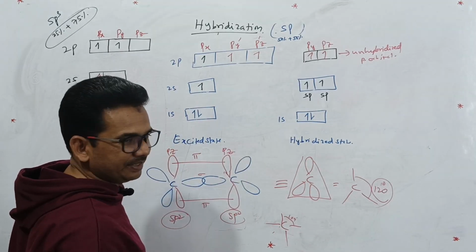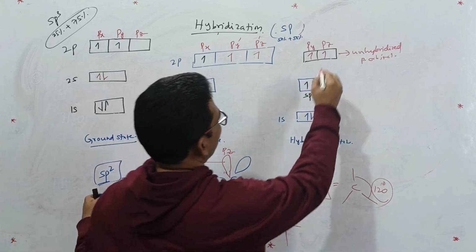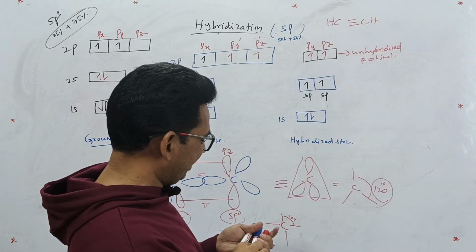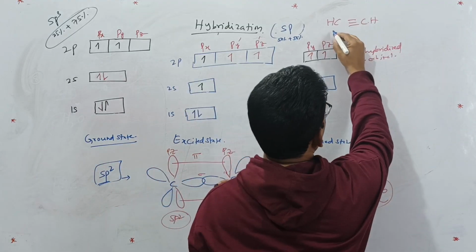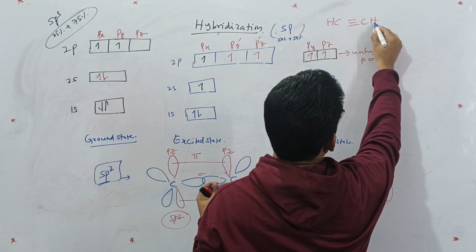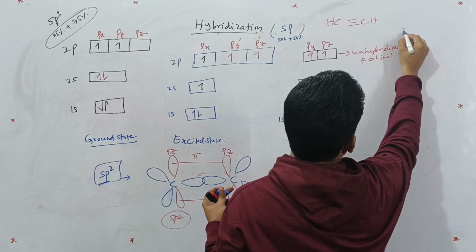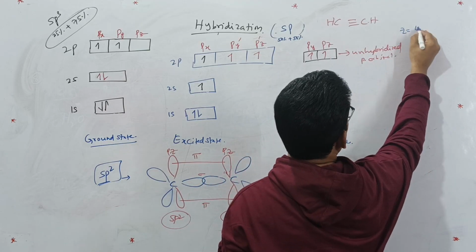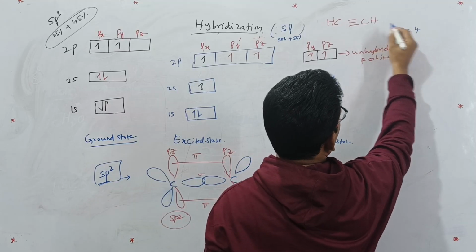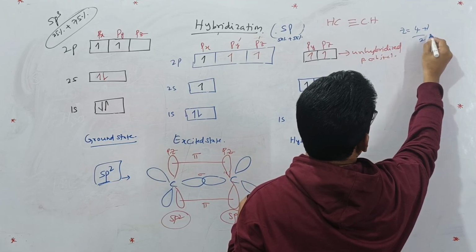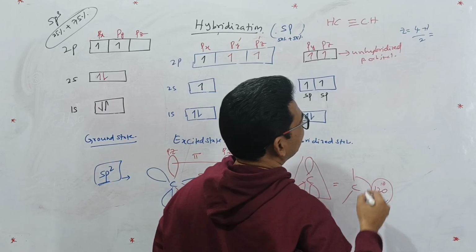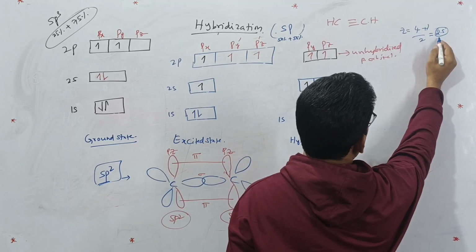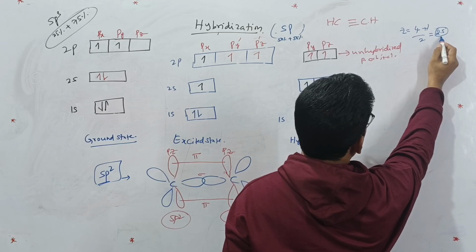But in case of sp, what is the example? Ethyne, the triple bond. You can apply the formula for this one also. When you apply the formula for CH, Z is equal to C, carbon valence electrons 4, then how many monovalent? 1, divided by 2, how much will it become? 2.5 around. 2.5 around means we are going to get how much?